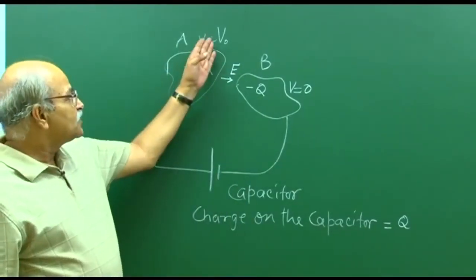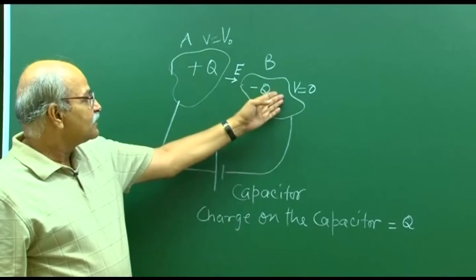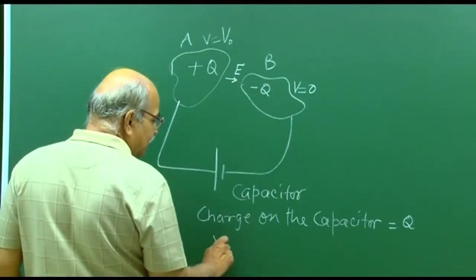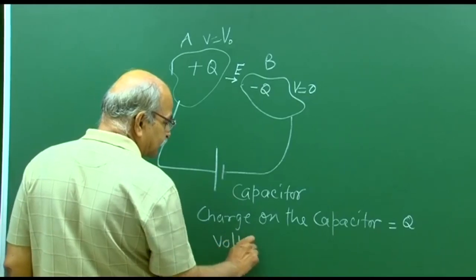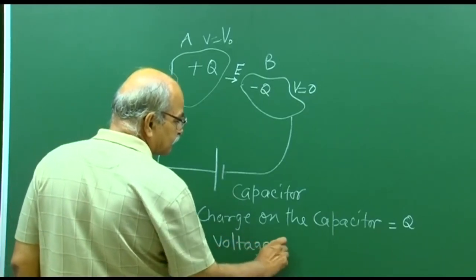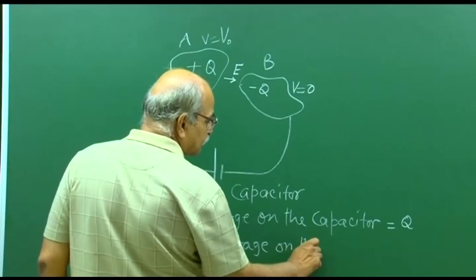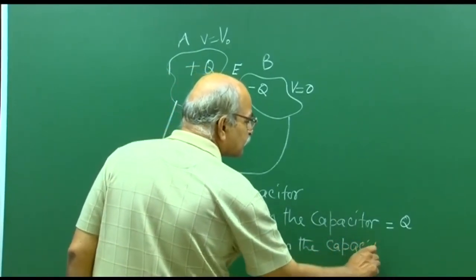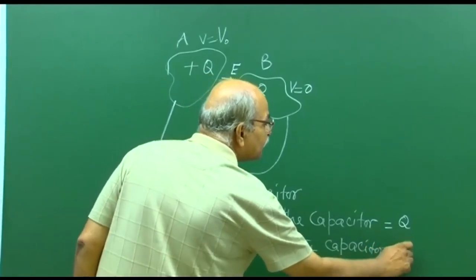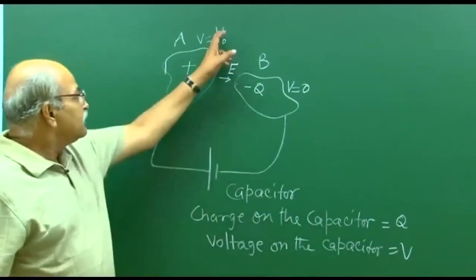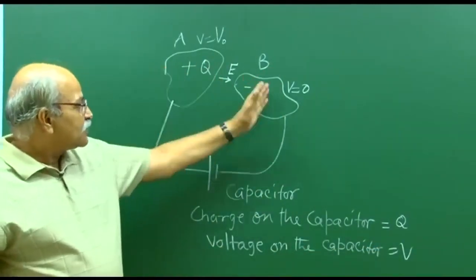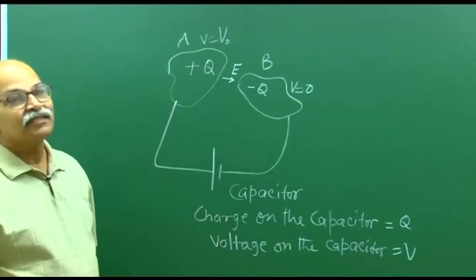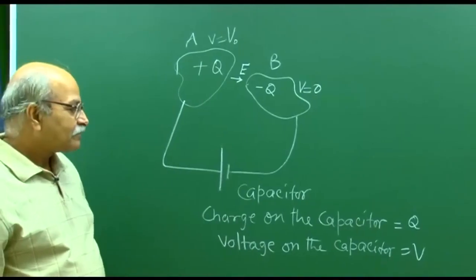Then you have this potential difference, this V and this V, potential difference here. That is typically known as voltage on the capacitor. Here it is V naught, but let us say V. V is the potential difference between these two conductors. So, that is known as voltage on the capacitor.